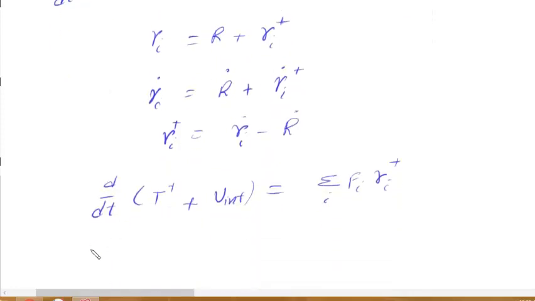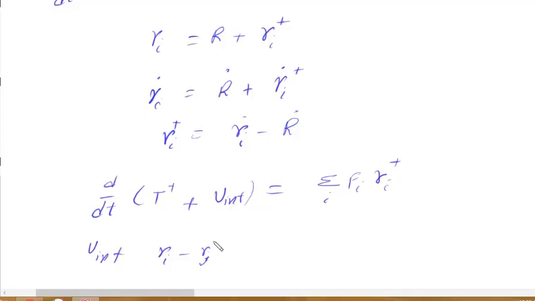The internal potential energy is a function only of the separations Ri and Rj, and is unaffected by the reference frame.